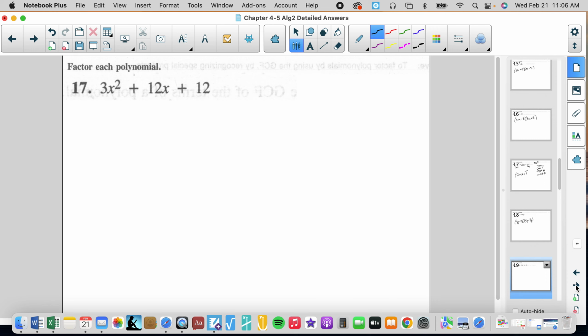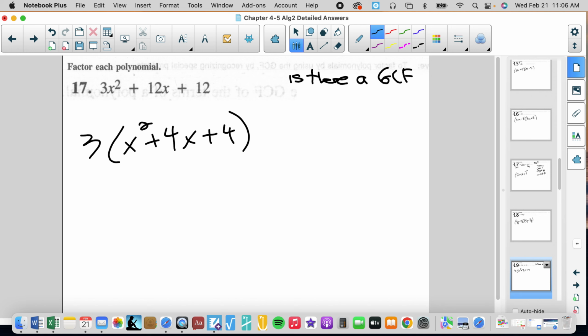We have to revert back to what we started with in this section: is there a GCF? Can we do a common factor? Is there a common factor? Yeah. There's a common factor of 3. We can take out the 3 and we get that.